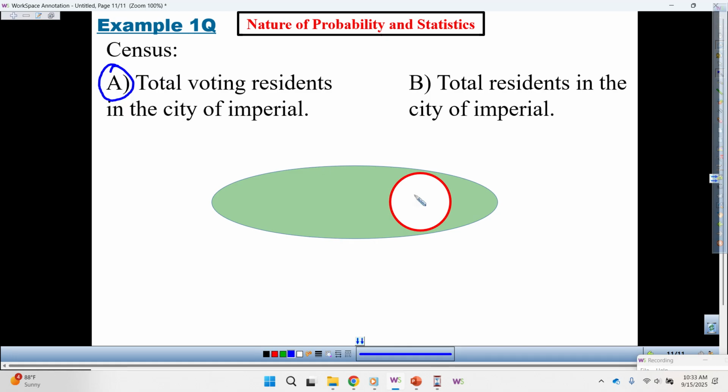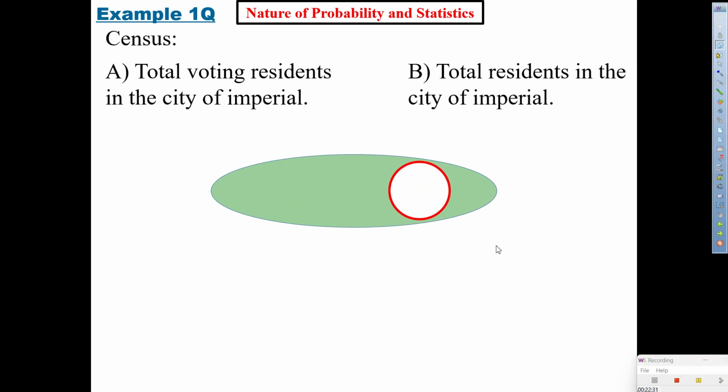Sample. Hands if you agree with sample. That is correct. Why, Mr. Q? Because not everybody in Imperial votes. Who doesn't vote? Tell your neighbor. Anyone below 18 years of age. Is that correct? So there you go. That means total residents of Imperial should be our population. All right. Send that in, please.